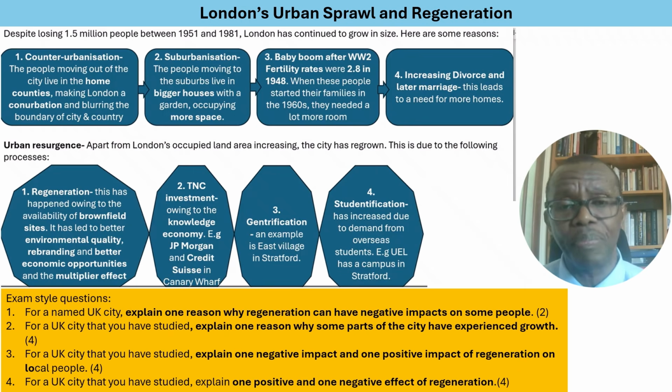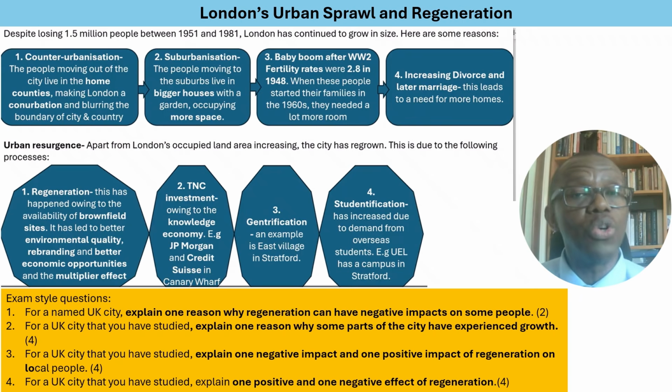Then the last thing here we shall discuss is studentification. Now this as well has increased, and studentification here has to do with the number of students that live in the area. Now we obviously have the University of East London in this particular area, and it will attract both local students, so students from within the UK, as well as overseas or international students.